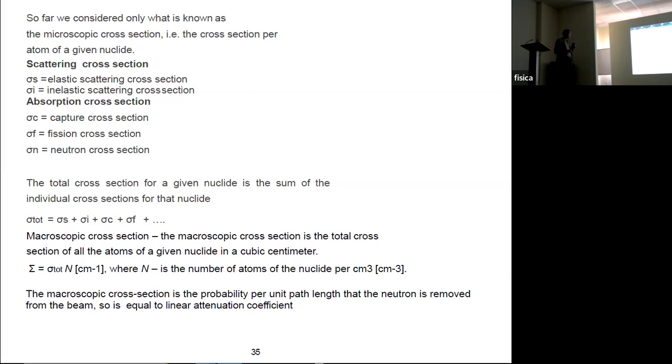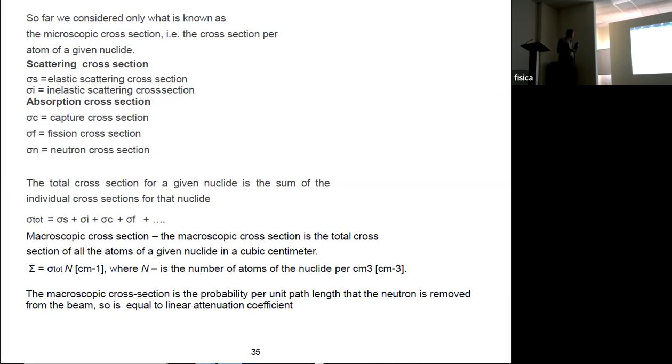And the total cross section is very important, in the same way as for gamma rays. Of course, we can multiply by the concentration of atoms and get the macroscopic cross section, which is similar to the linear attenuation coefficient for gamma rays.